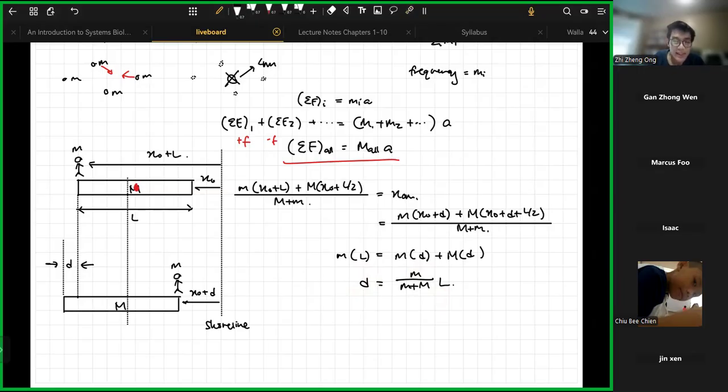One more thing: does this scale correctly? If the person is massless, if this person has no mass, the boat will not feel any momentum from the guy, right? Or equivalently, the person doesn't have any influence on the center of mass. So D would be zero, which makes sense. When small m is equal to zero, D is also equal to zero.